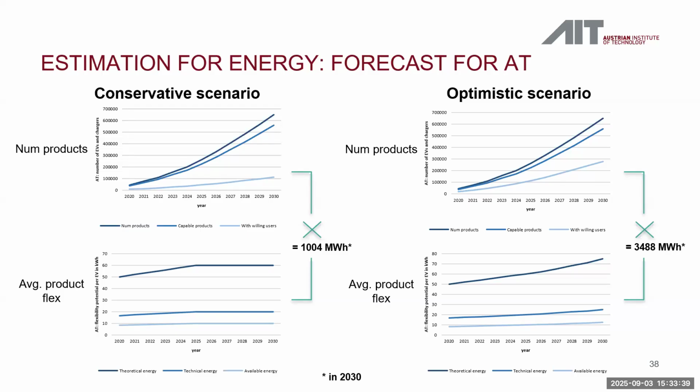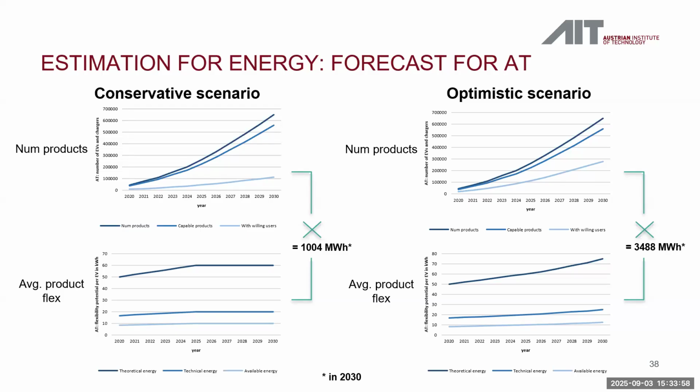The top is the same with the number of EVs. And on the lower side of the slide, we have two different estimates, namely if the battery will increase in size until 2030 or not.